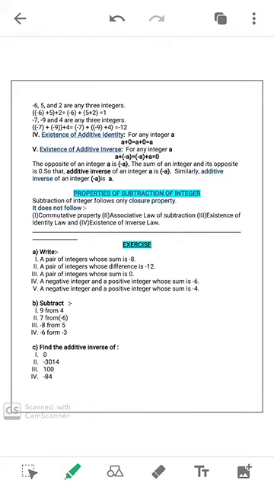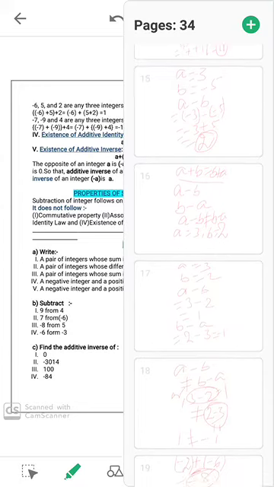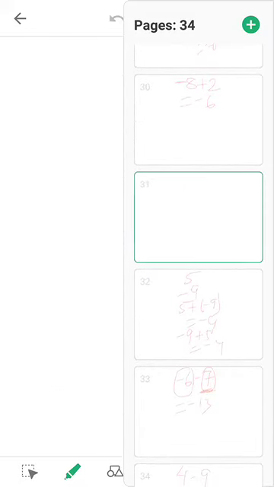Find the additive inverse of 0. The additive inverse of 0 is always 0, because 0 is a non-negative integer. It is neither a positive number nor a negative number.